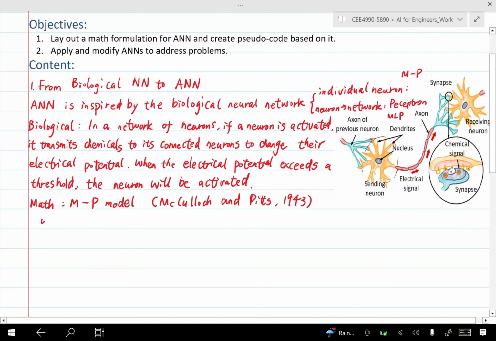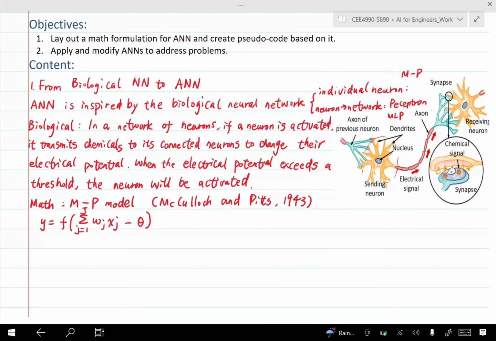Simply, the model can be formulated in this way. Y, that's the output of the model, is the activation function of something inside it. You can see that there are actually three components in it. First, we want to get a weighted sum of all the signals from the previous neurons.